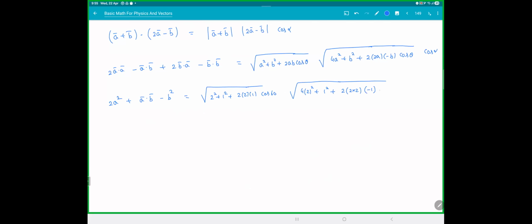Cos 60 is half. Again, A is how much? A is 2, so 2 square is 8. A dot B is 2 into 1 into cos 60, minus 1. The 2 will cancel, that will be 2 minus 1, and 3, 7. And that is 16 plus 1, 17, 17 minus 8.